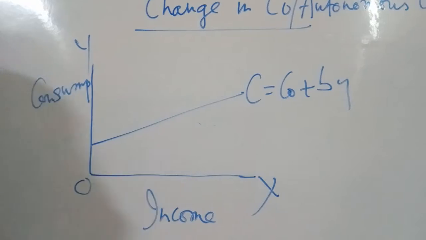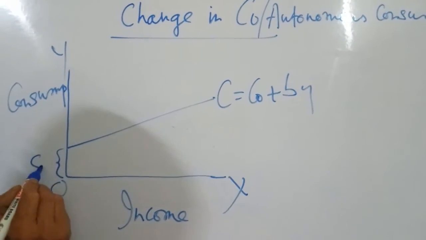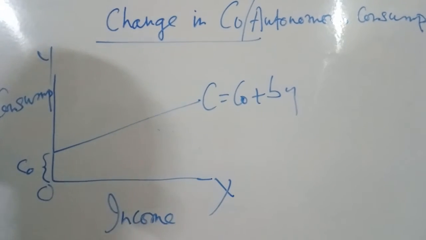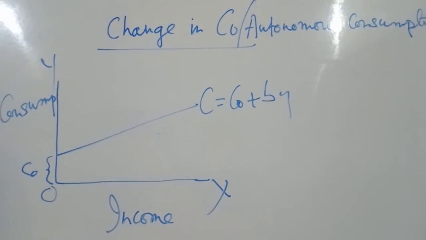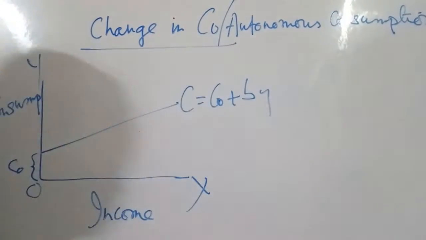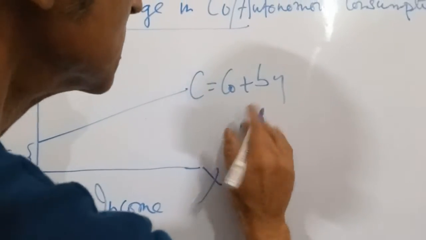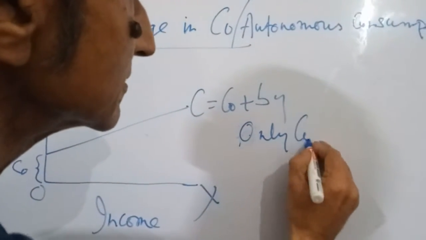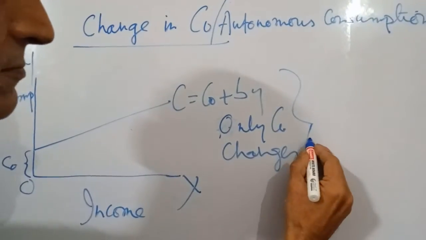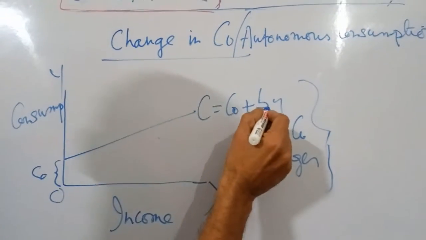Suppose this is the initial consumption line. So this is C0. As autonomous consumption increases without any change in B and Y, only autonomous consumption changes. Only C0 changes. Income and MPC, that is B, remain unchanged.